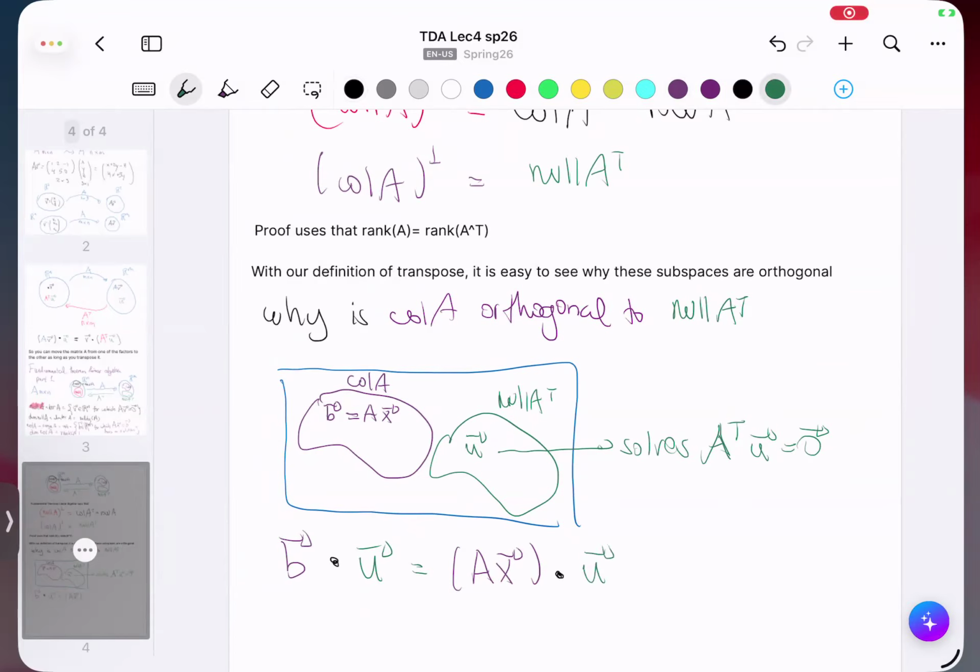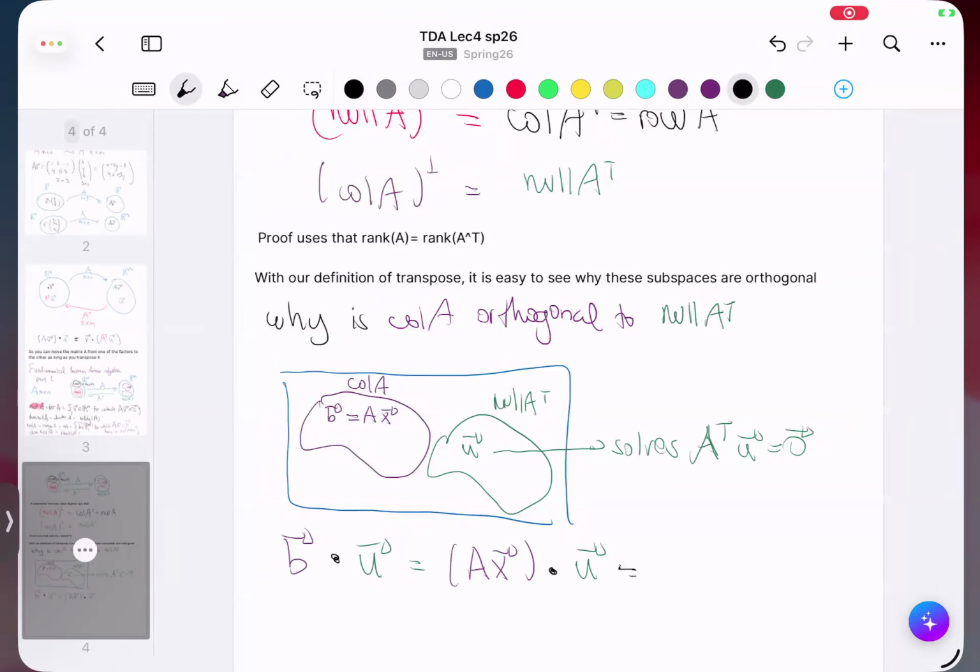And then I use the magic property of the transpose. The magic property is that you can move it to the other factor of the dot product at the price of putting a transpose there, if you transpose the matrix.